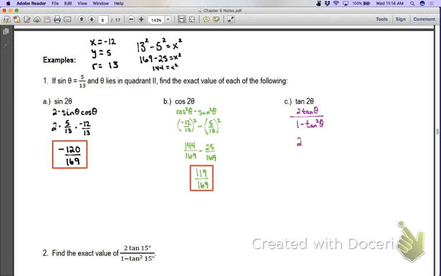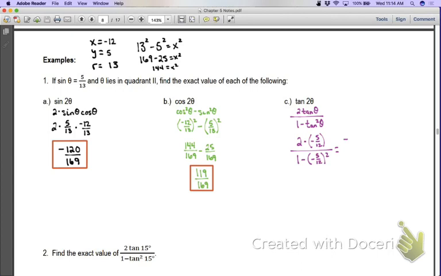So 2 times sine over cosine, or y over x, so 2 times negative 5 over 12 divided by 1 minus the same thing squared, negative 5 over 12 squared, and then just go from there.